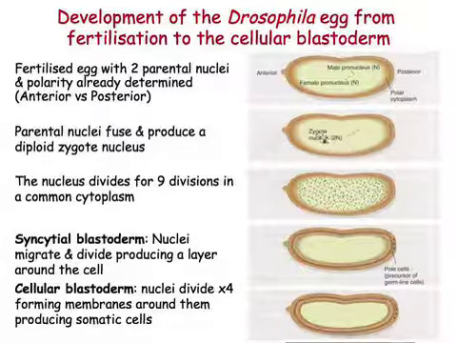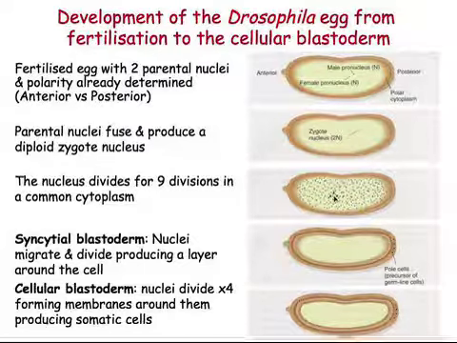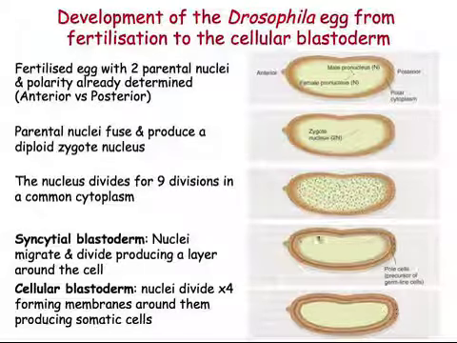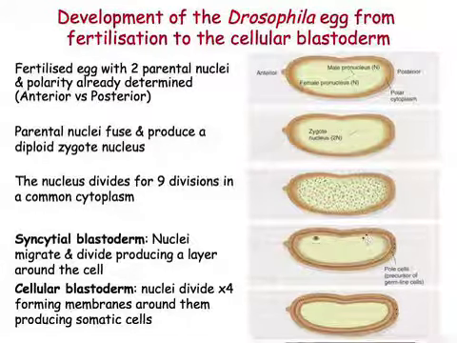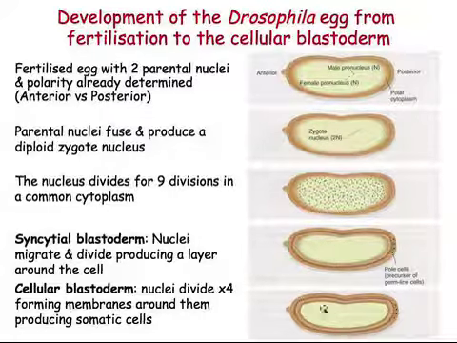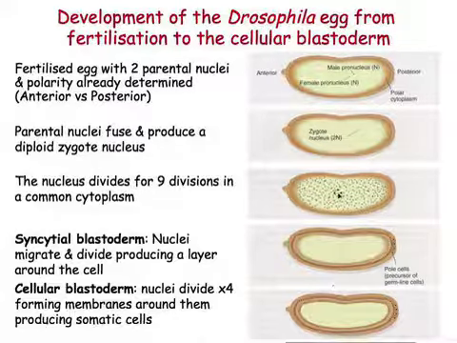This fertilisation occurs within a common cytoplasm, and then within this common cytoplasm you get nuclear division for 9 divisions to give you hundreds of copies of the genome, and then membranes start to form around them, giving a syncytial blastoderm and then a cellular blastoderm. It doesn't matter what those terms are. The important thing is you've got a common cytoplasm.